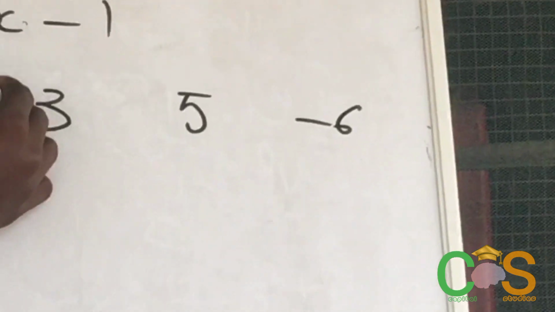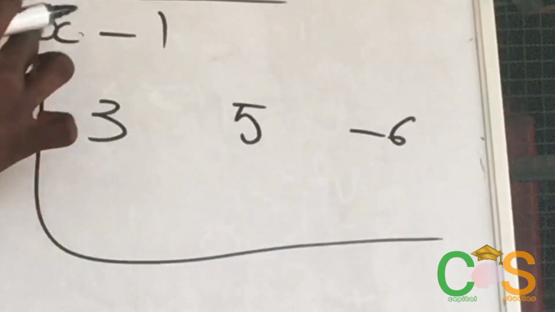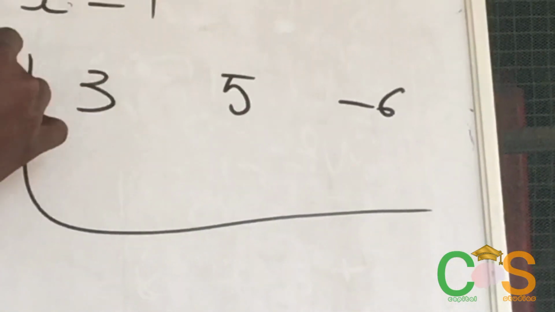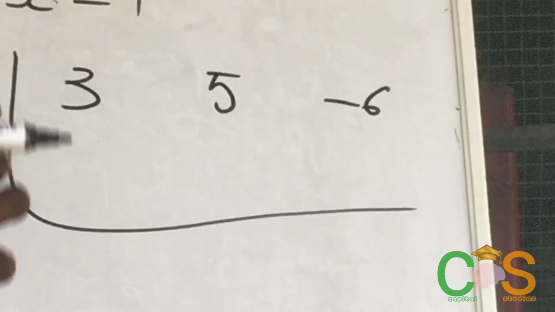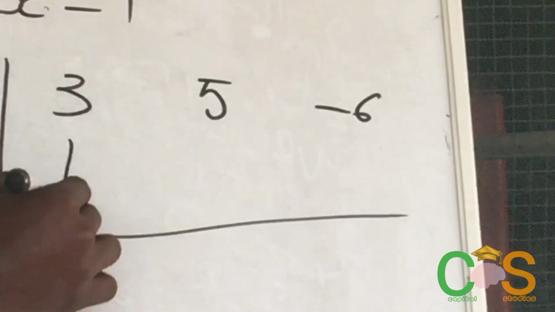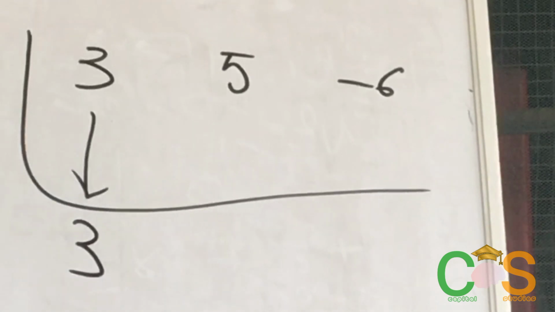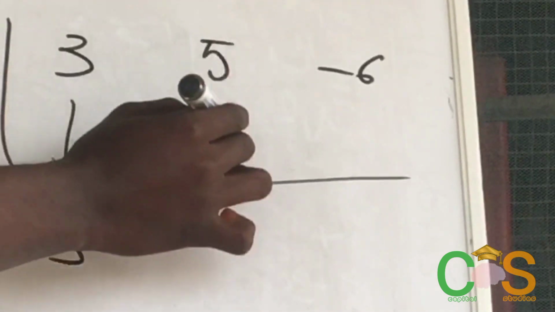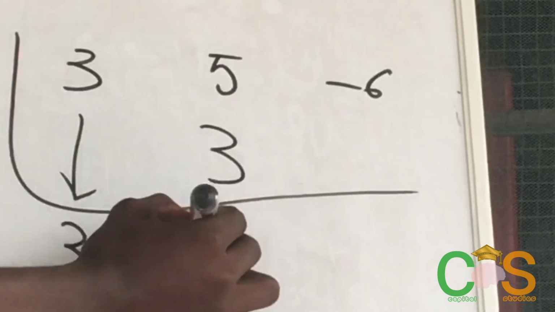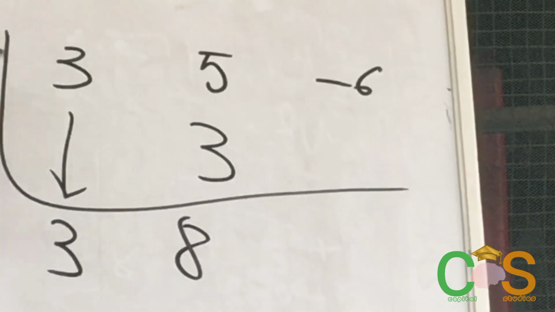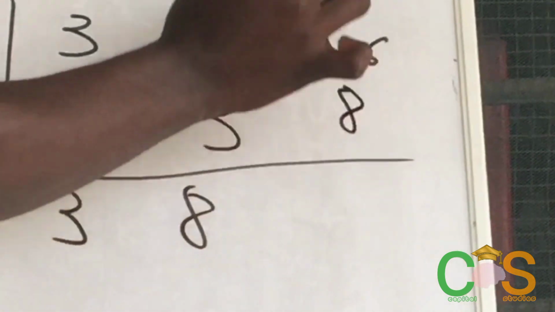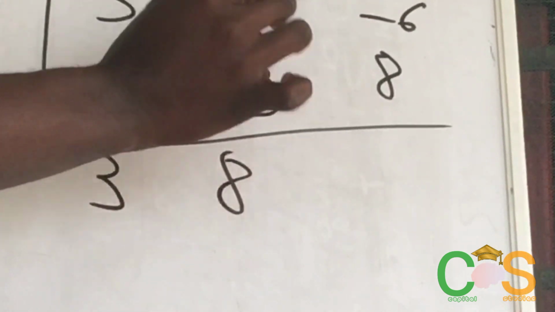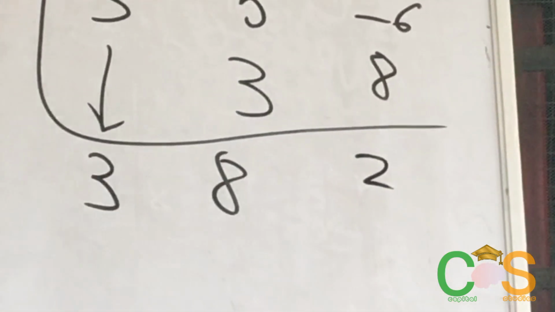So we write the coefficients down as 3, 5, minus 6. Then we draw our L. We equate the divisor to 0, and we write 1 there. We drop the 3 down as we always do. Then 1 times 3 is 3, beneath the 5. Then we add: 5 plus 3 is 8. Then 1 times 8 is 8. Then minus 6 plus 8 is 2.